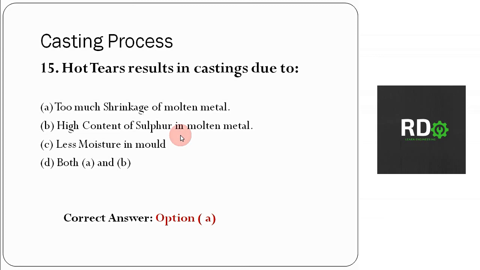If that kind of shrinkage is too much in the molten material, I am talking about the liquid shrinkage, then what happens? Hot tears result in your casting, which should not happen. So option A is the right answer, that is, too much shrinkage of the molten metal.